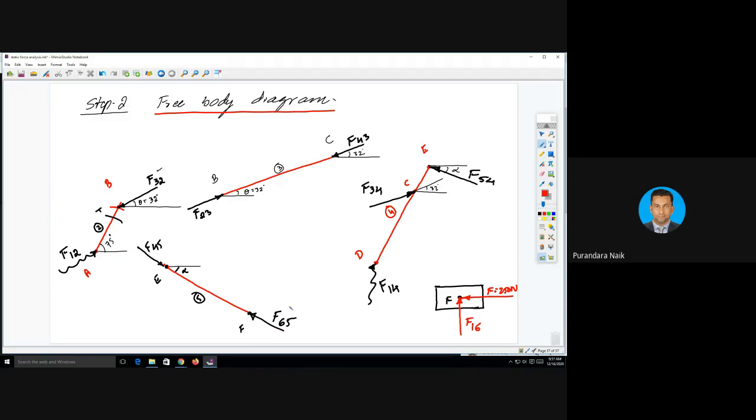And we have one more force, that is F65, opposite force F65, that is at an angle of alpha, right? So this is the direction. You just measure this angle, okay? This should be alpha. Which one? The alpha. Okay, this is F56.